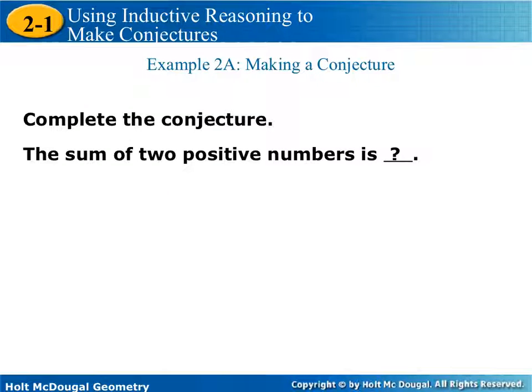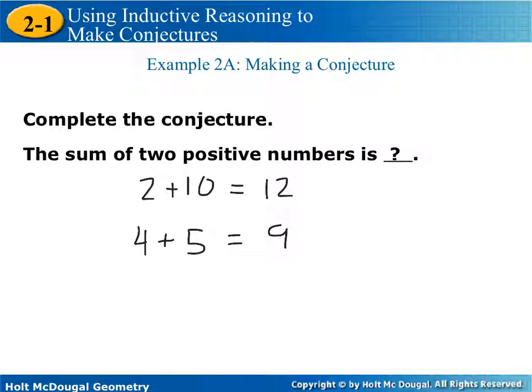So complete the conjecture. The sum of two positive numbers is blank. Name a positive number. Any number. 2. Ryan says 10. So the sum would mean we're adding them. So it's 2 plus 10, 12. What's another positive number? 4. What's another positive number? 5. What's 4 plus 5? 9.